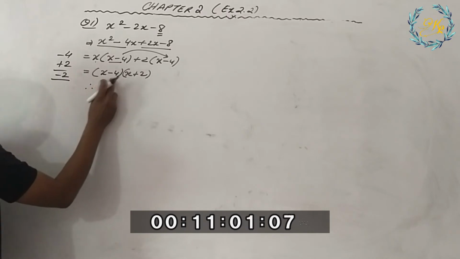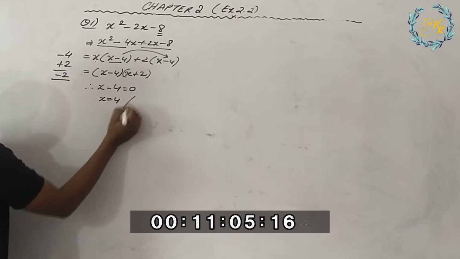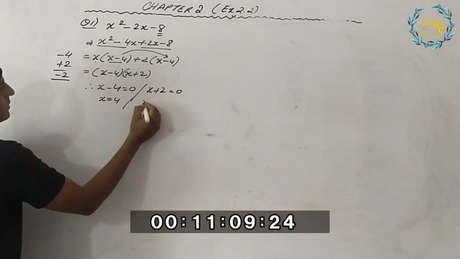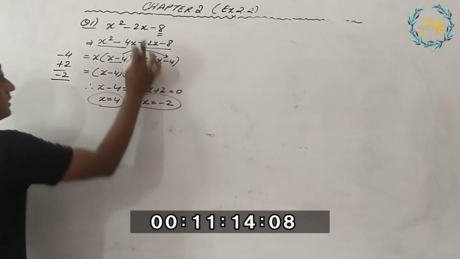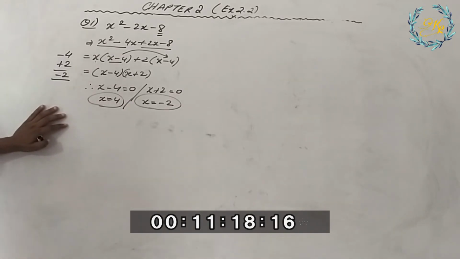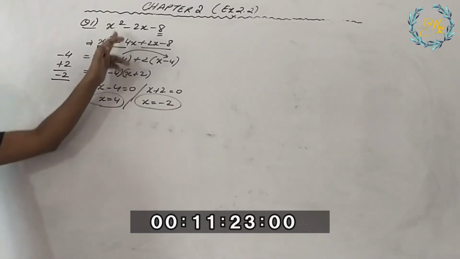Now when I mark it equal to 0, for example, x minus 4 is 0, x is equal to 4, and second value will be x plus 2 is 0, x is equal to minus 2. So these are my two zeros of the equation. Now what am I supposed to do here? I have to find the relation between the zeros and the coefficients.